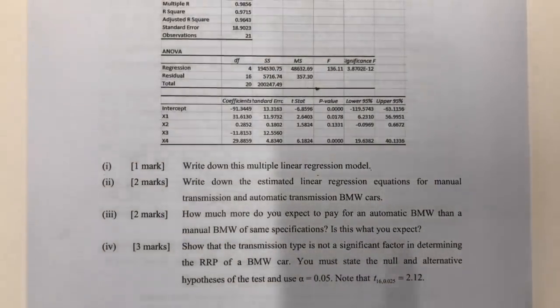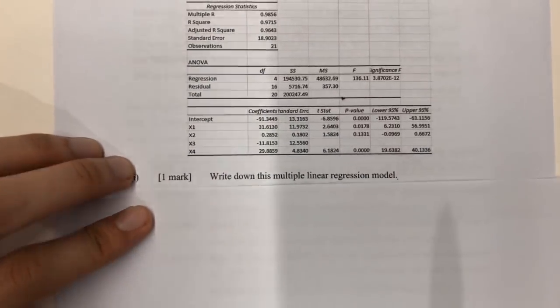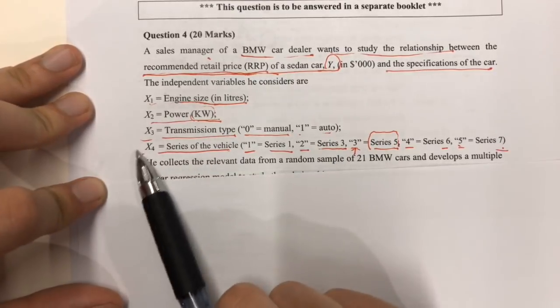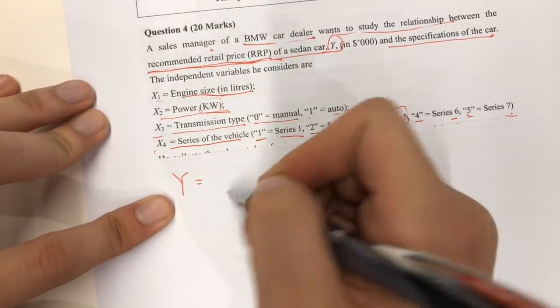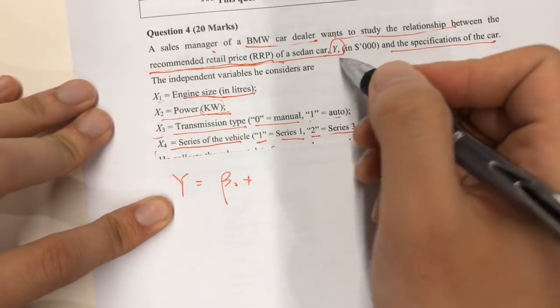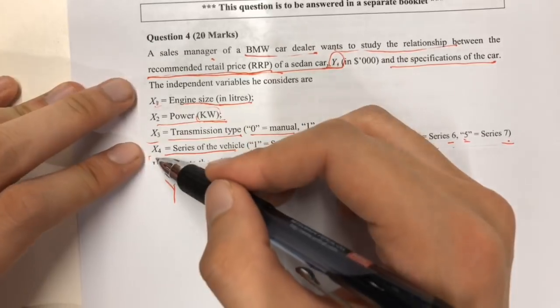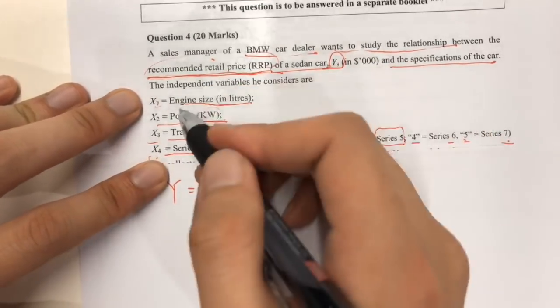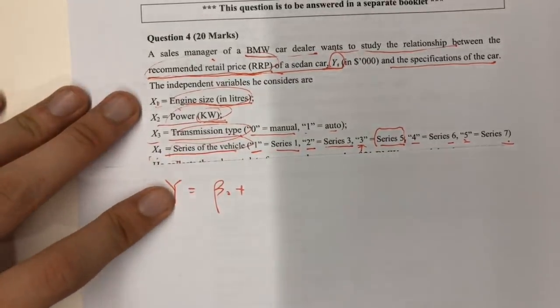Okay, so multiple linear regression model, very easy. Again, it should be of y and several x's, right? So it's simply y equals beta 0, because in this question they already define the y and x, so you don't need to write RRP equals engine size, power, transmission type, series of vehicle, or whatsoever.